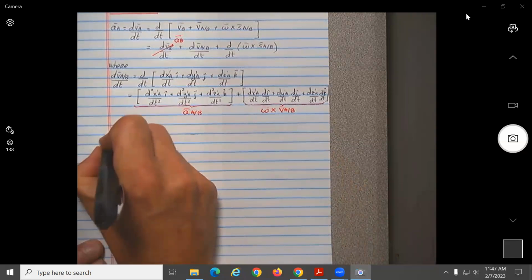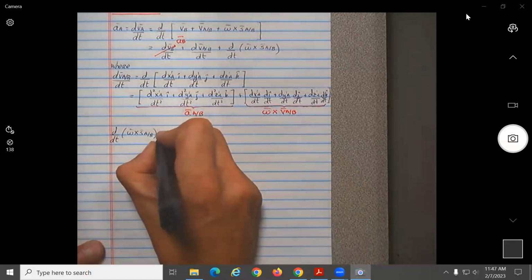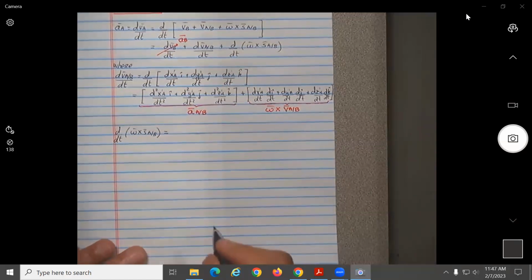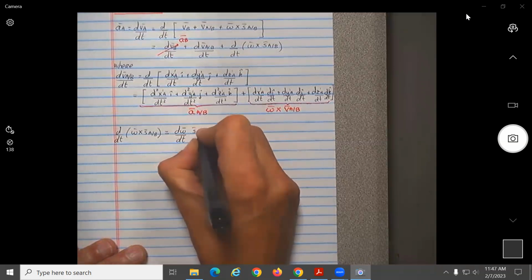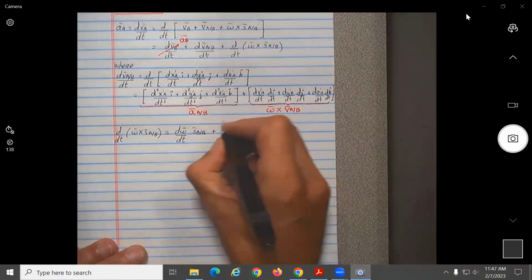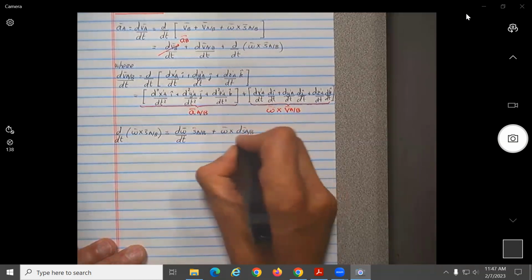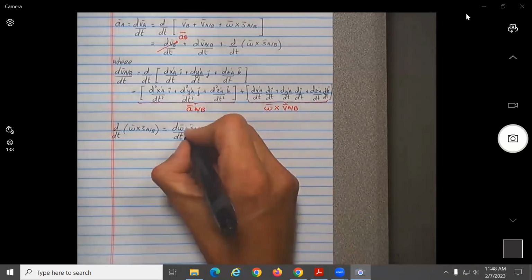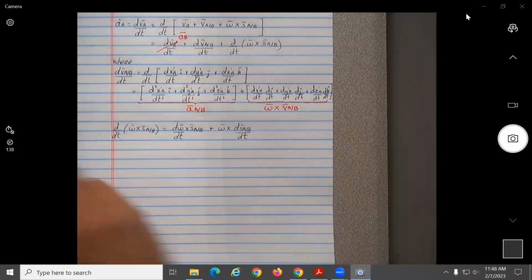Now, the last one we need to do is d/dt of omega cross S of A with respect to B. This will be equal to d omega/dt cross S of A with respect to B plus omega cross d/dt of S of A with respect to B. Yes, there should be a cross product on the first one too.